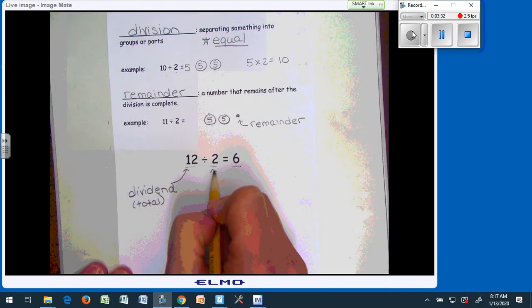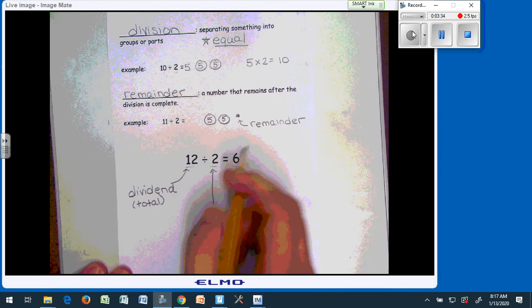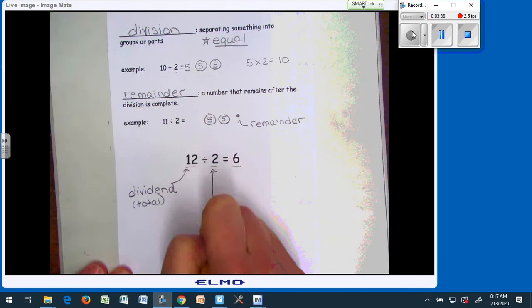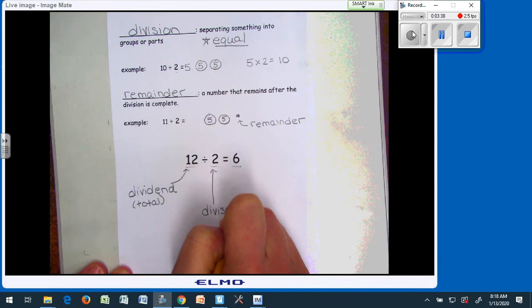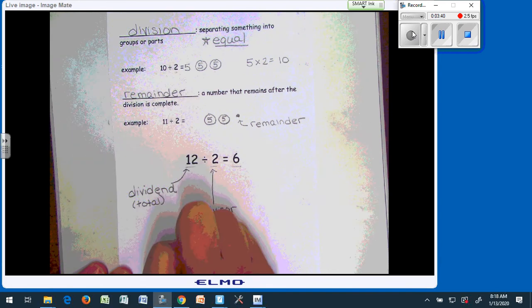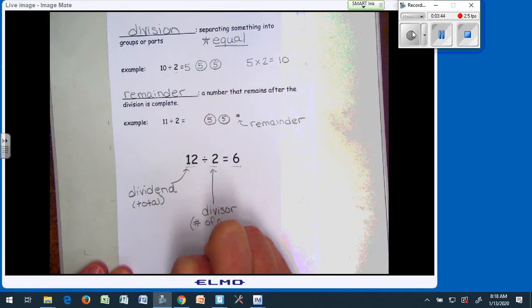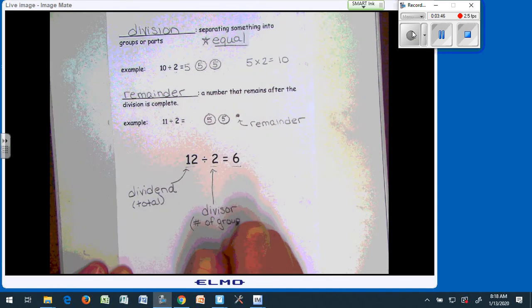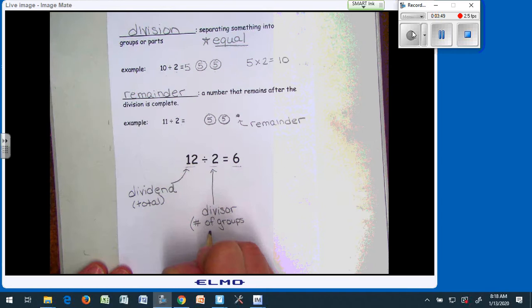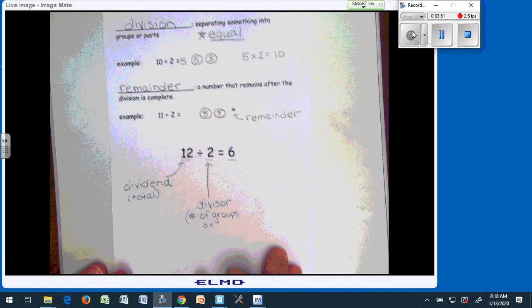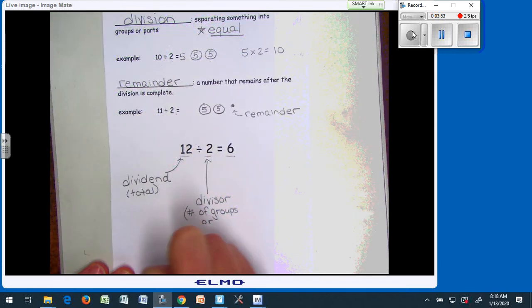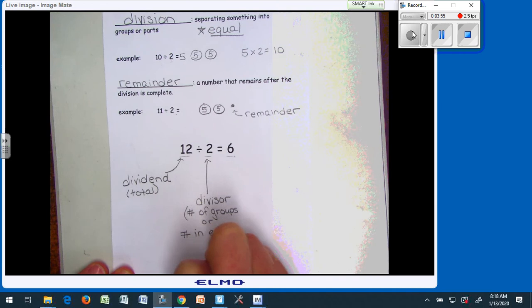And then you have this that you're dividing by, and that is called your divisor. And that's either, put parentheses, the number of groups or number in each group.